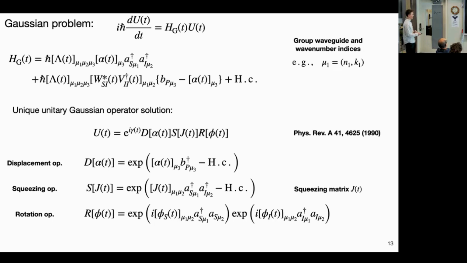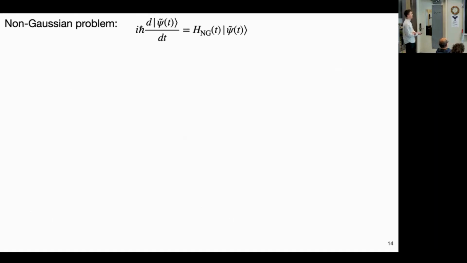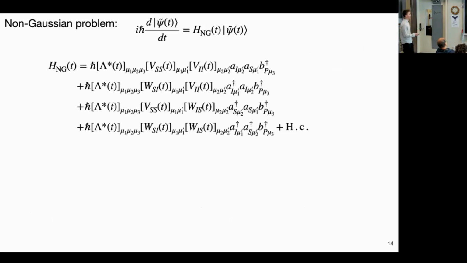Oh yes, and I forgot to mention that by solving this equation, we can obtain solutions for these Gaussian parameters. And once we solve for these Gaussian parameters, we can use them in the next step to solve the non-Gaussian problem. So the non-Gaussian ket psi tilde satisfies this new Schrodinger equation, where H tilde is a non-Gaussian Hamiltonian. It involves triplets of these operators to do with the pump, signal, and idler.